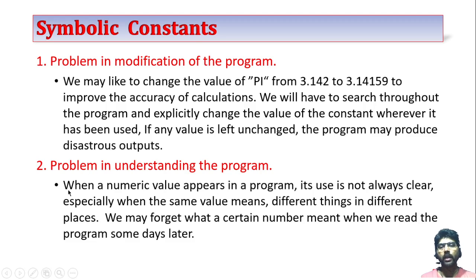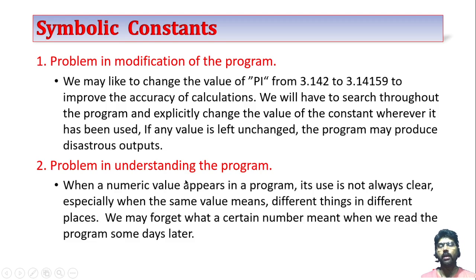The second problem is understanding the program. Whenever I use this number 3.142, if the programmer has no knowledge about mathematics, he doesn't know what this literal constant actually is. It's very difficult for the programmer to understand.